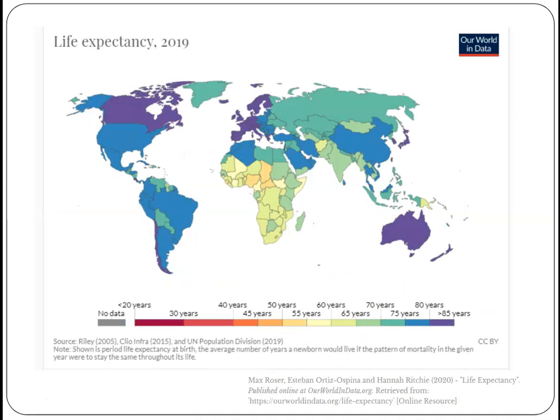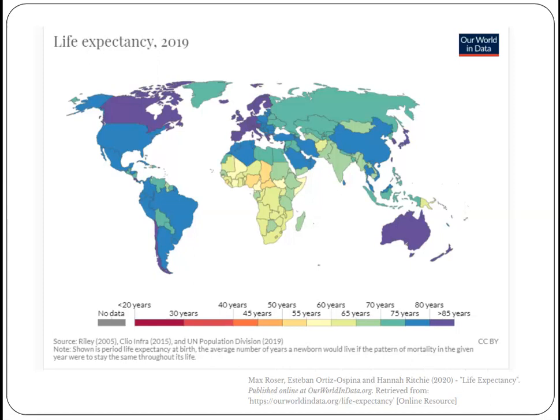So this number 65, once upon a time, you retired at 65 because you died at 65. And that number has changed in some parts of the world, but not all parts of the world. So this is life expectancy in 2019. And as you can see, it is all over the place.